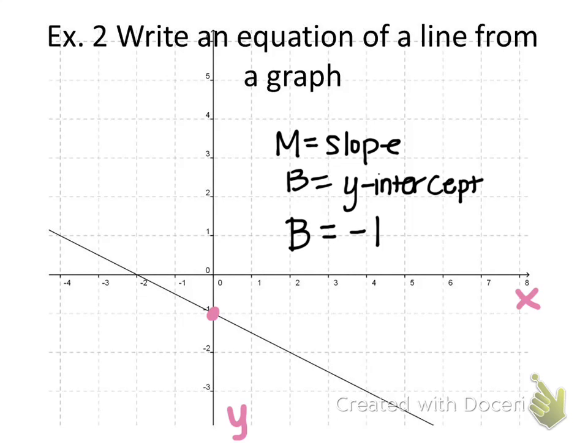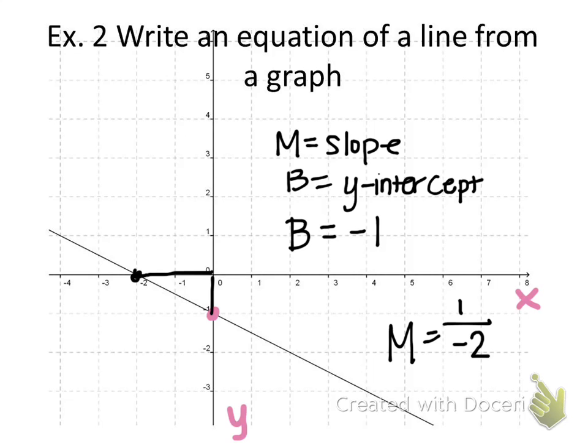How much did I have to go up to get here? 1. So I know my slope is going to be, my rise is 1, and I know it's a positive 1 because I have to go up. And how many do I go over? 2. Well, which direction did I go over to? Did I go towards the negative or towards the positive? To the negative, so it needs to be 1 over -2.